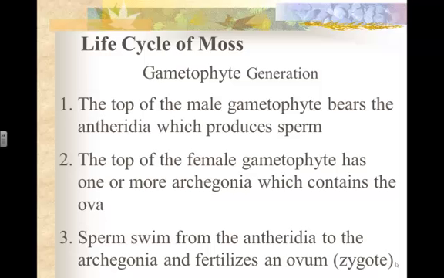You don't need to memorize the life cycle of the moss plant, but I want you to see how intricately God designed all of this. It's pretty cool, and you don't know all this is going on in that little moss that's out in your yard. The top of the male gametophyte bears a little structure called an antheridium, singular, antheridia, plural.